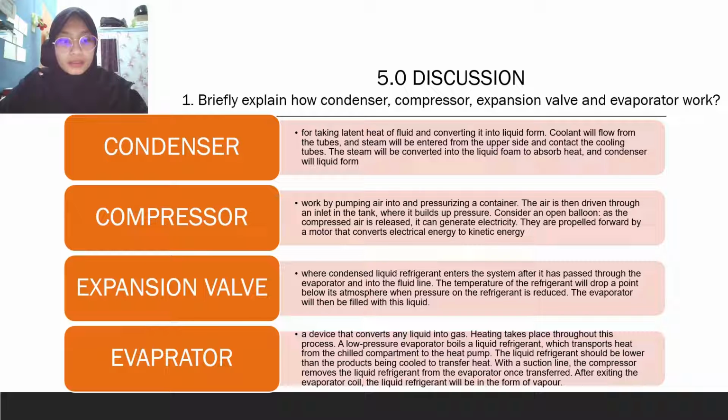The liquid refrigerant should be lower in temperature than the product being cooled to transfer the heat. With a suction line, the compressor removes the refrigerant from the evaporator once transferred, and after exiting the evaporator coil, the refrigerant will be in the form of vapor.